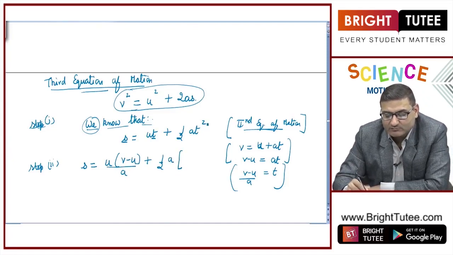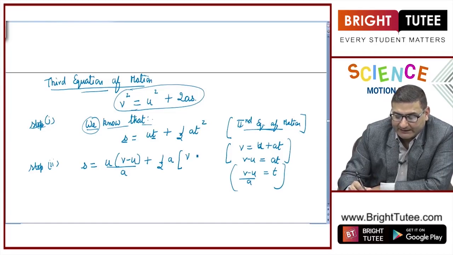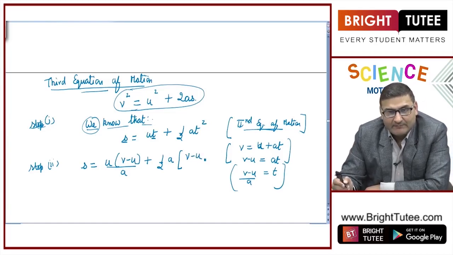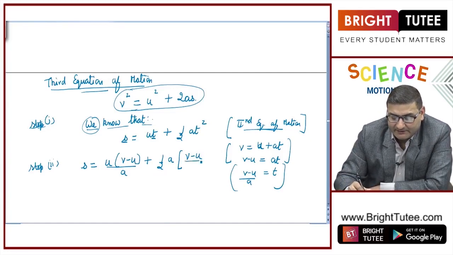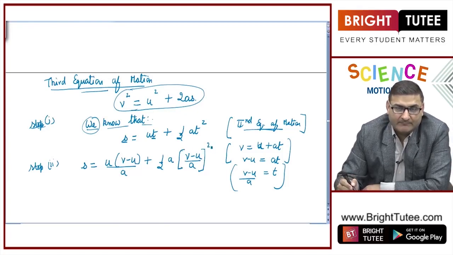Now this t is squared, so very importantly, instead of writing t, I am writing (v minus u) upon a, and since it is squared, one thing you need to remember is it will be a whole square.